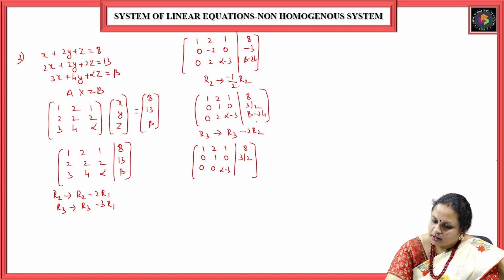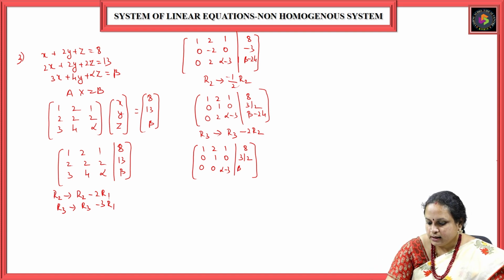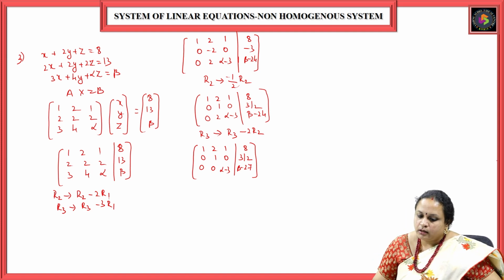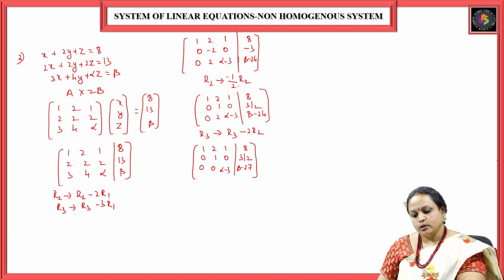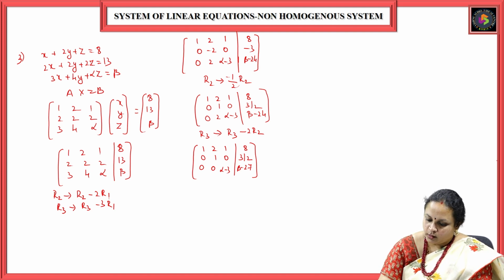Beta minus 24 minus 3 becomes beta minus 27. So these are the values which we are getting. Now this matrix is in echelon form.